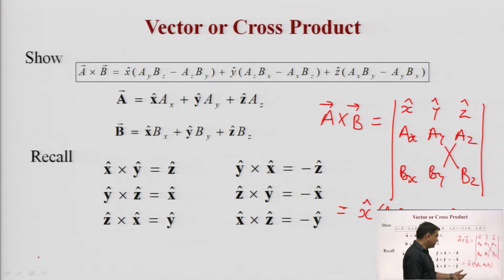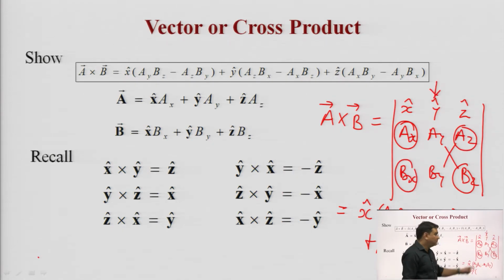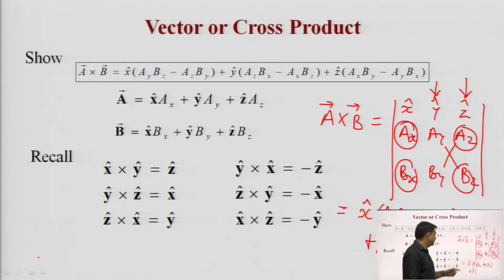Okay? In the same way, when we take the term of the y component, this is your ax bz minus az bx, and when we take the third component z, this comes as ax by minus ay bx.